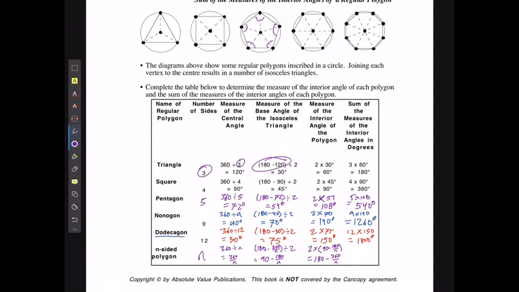And when I multiply n sides times (180 minus 360 over n), 180 times n is just going to be 180n, minus 360, or I could simplify that to 180 in brackets (n minus 2).